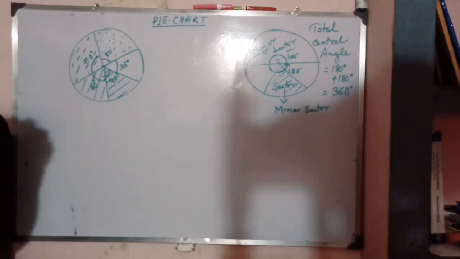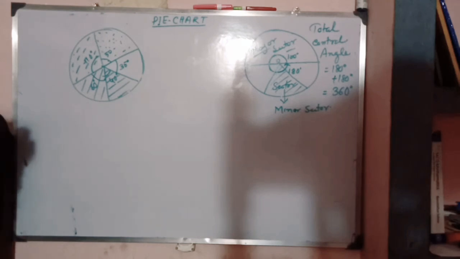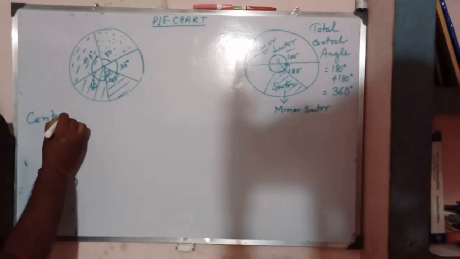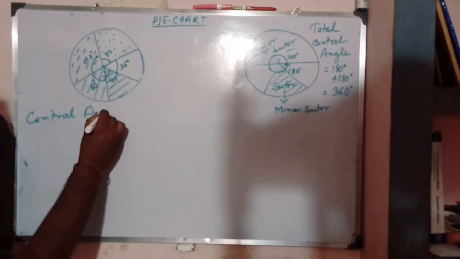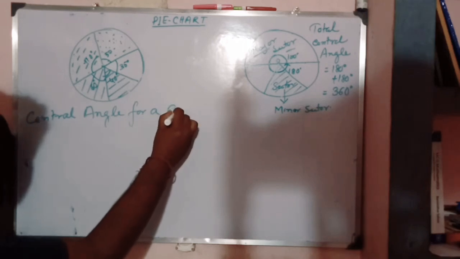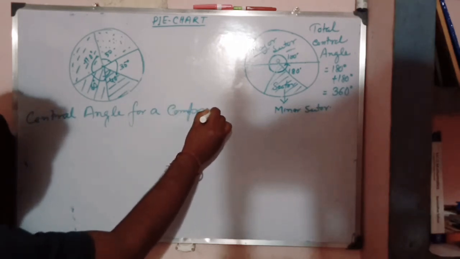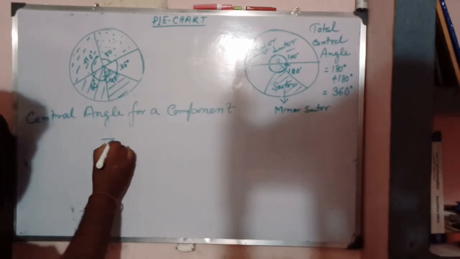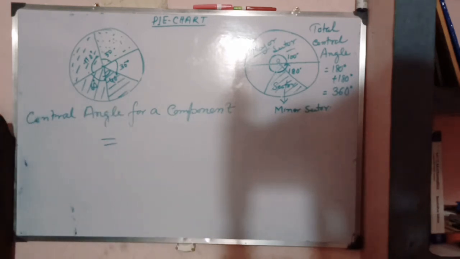So for the central angle of a component, we have to know the formula. What is the formula?